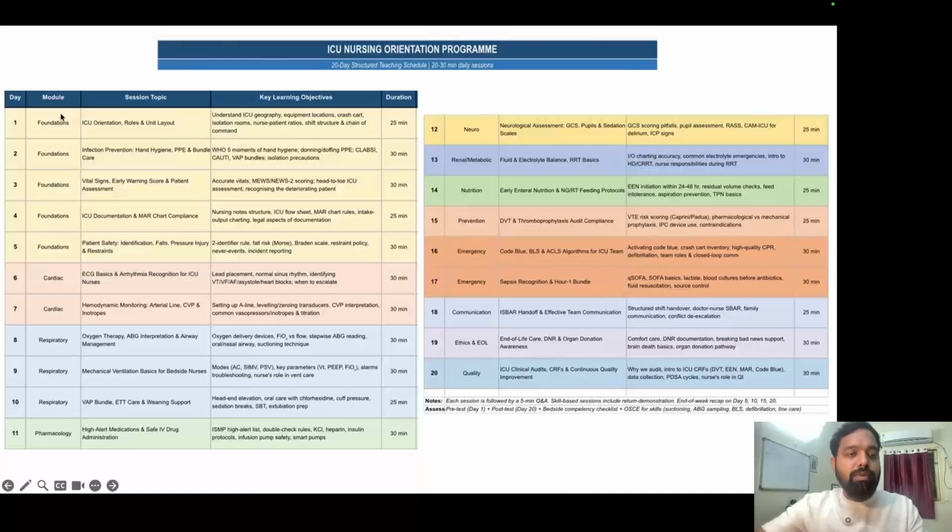That includes foundations, cardiac, respiratory, neuro, renal, metabolic system evaluation and management, pharmacology, nutrition, prevention of injuries, emergencies, and also communication, ethics, quality, paperwork, and auditing aspects as well. Hope this will be useful for you, and I want all of you to utilize this orientation program.